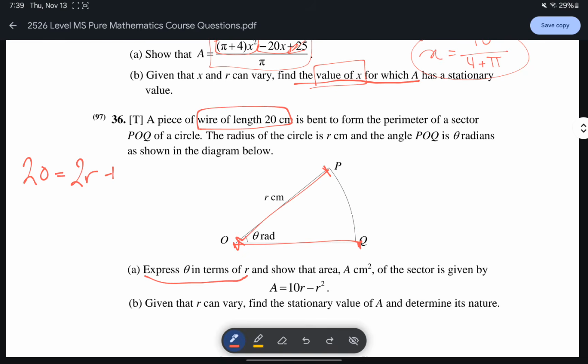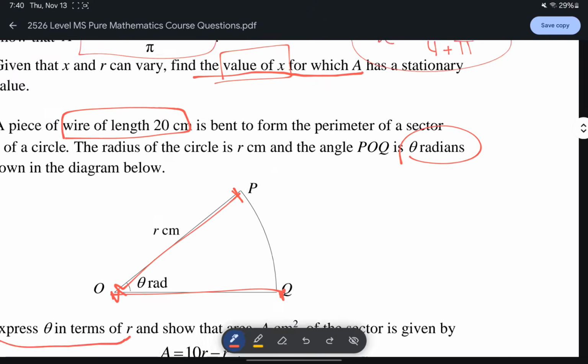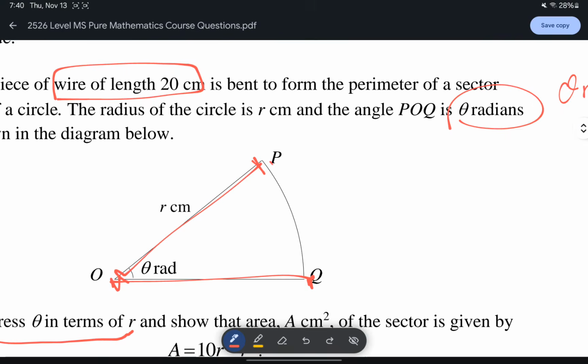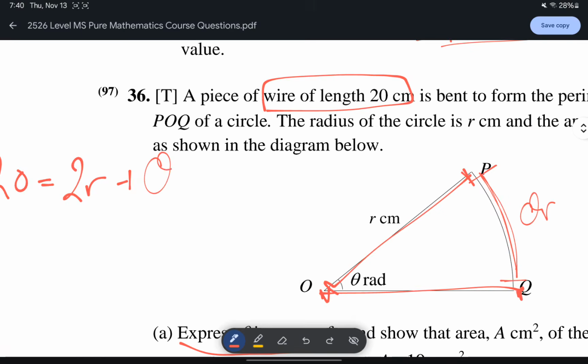Now for this sector, you could see that in this question we're using radians. Okay, so the length of a sector in radians is going to be theta r. Okay, you can memorize this, it's a rule. So that means this part here is theta r. Okay, so it's 2r plus theta r.